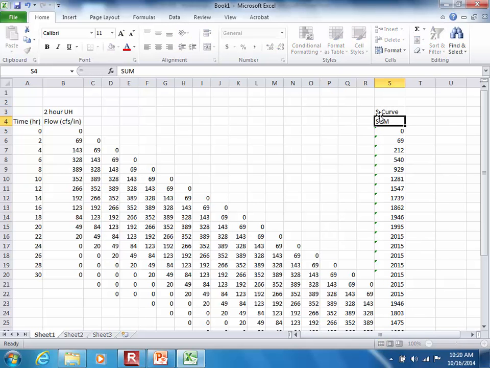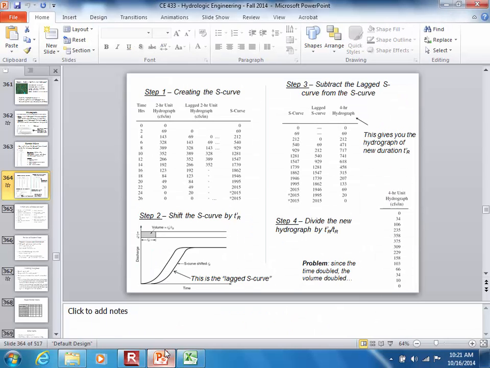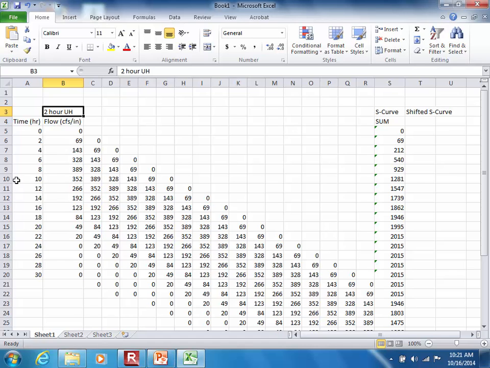So here's the S-curve. S-curve is the title of this column. And then we're going to call this the shifted S-curve. It's introducing the 2-hour unit hydrograph. 2 hours is the original duration, T sub R. So T sub R is 2 hours.